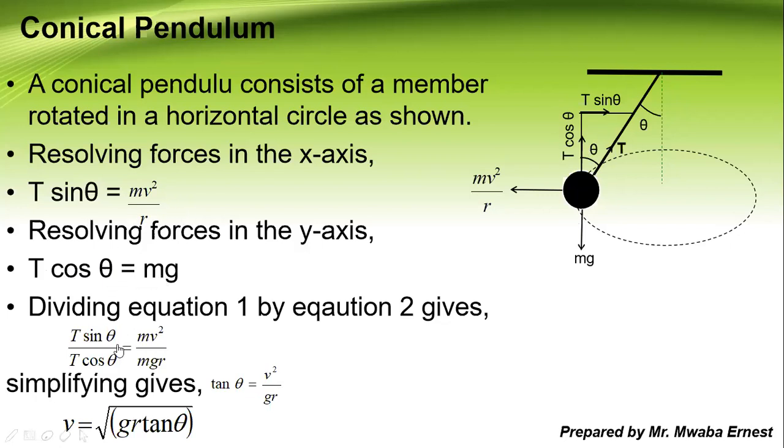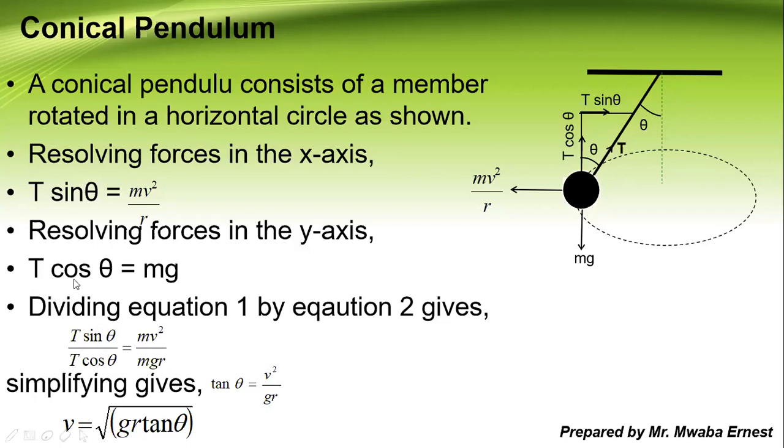For now, we're going to divide equation 1 by equation 2. Equation 1 is T sine theta equals mv squared over r. And this is equation 2, which means we write equation 1 the way it is. And here we are, T sine theta equals mv squared over r.